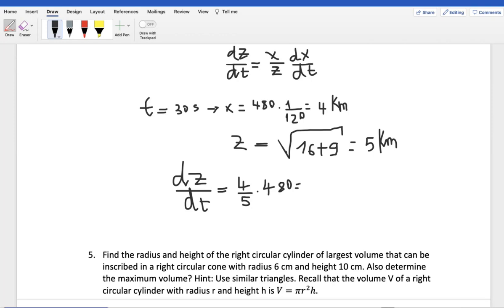And if you do the math correctly, this should be equal to 384 kilometers per hour. So now we have the change in z over time.